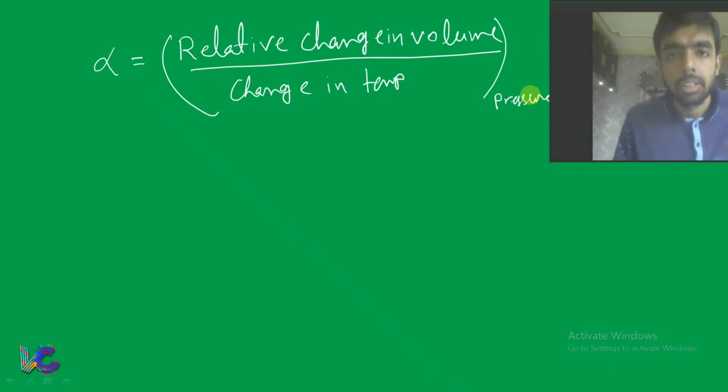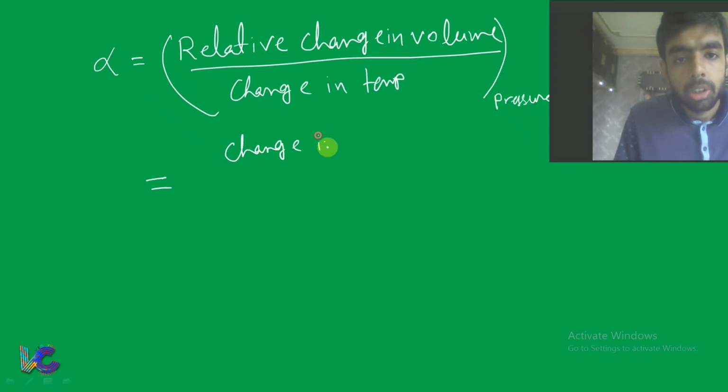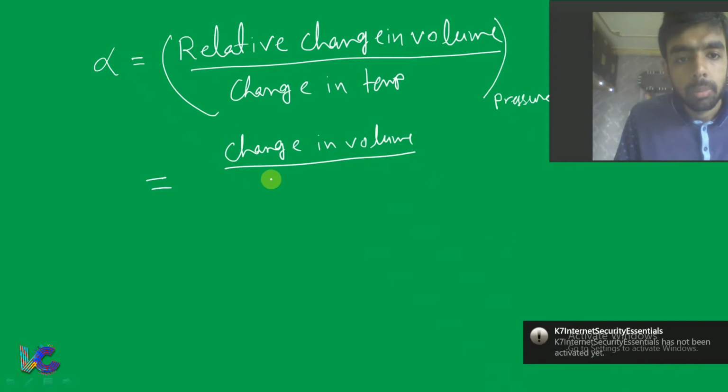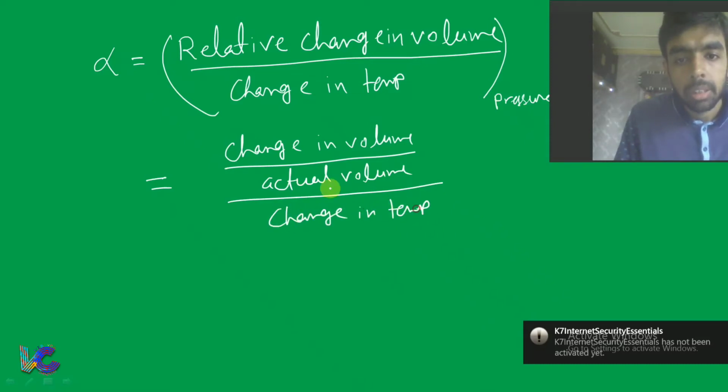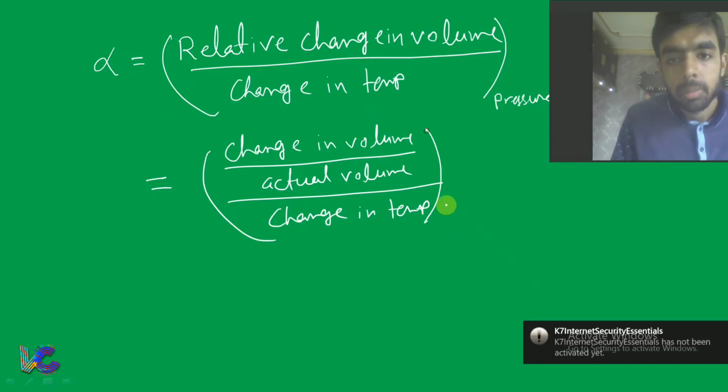Now when I say relative change in volume, it means change in volume by actual volume, divided by change in temperature at constant pressure.